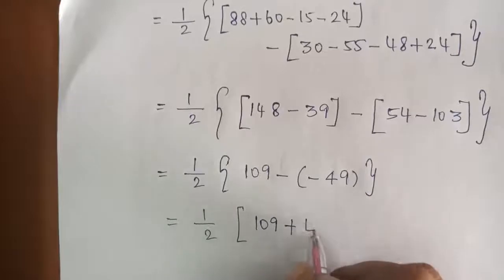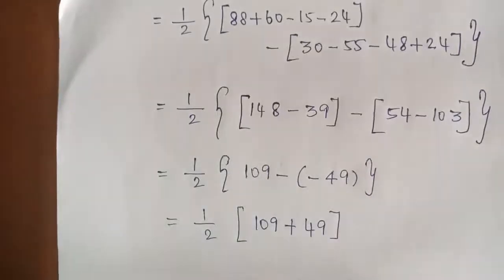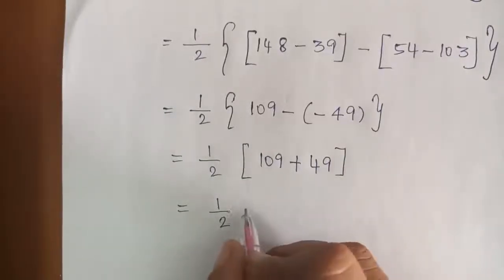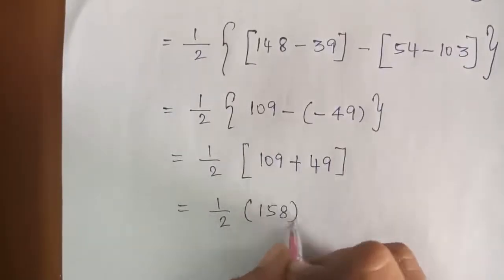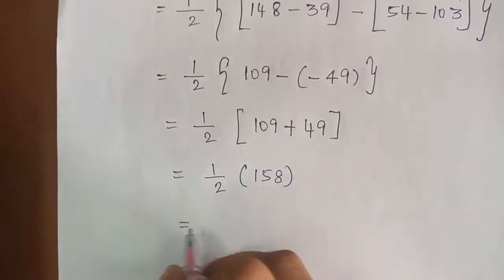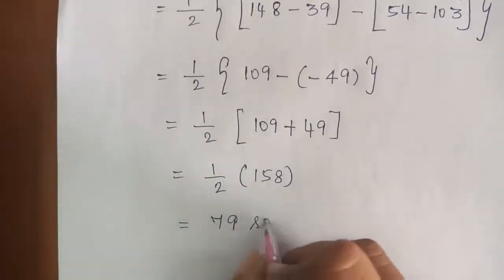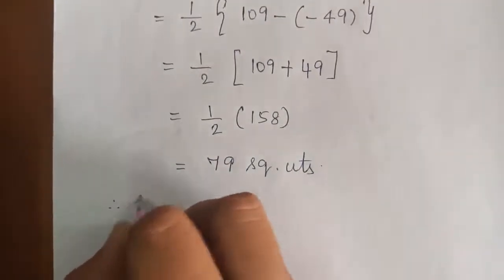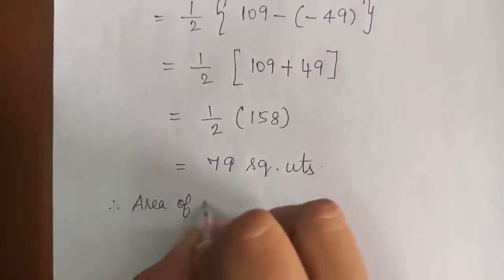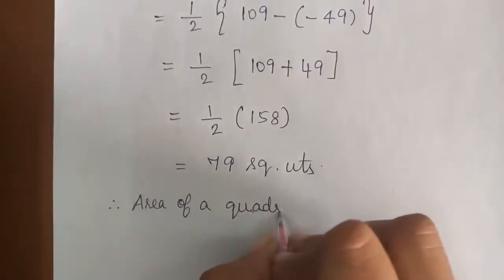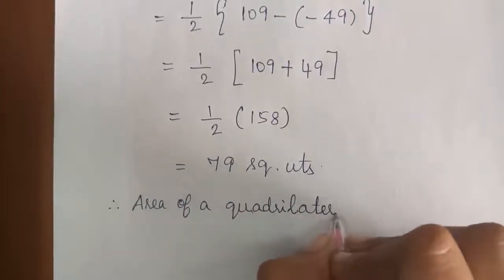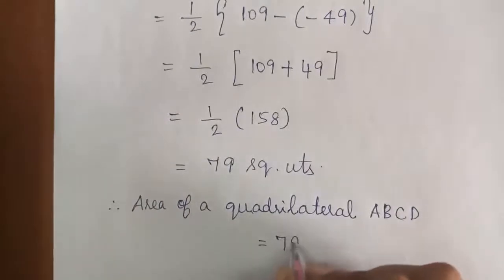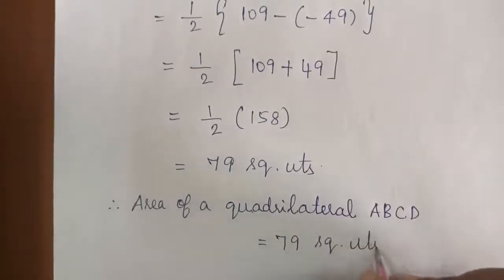Minus into minus is plus, so 1 by 2 into 109 plus 49 is 158. So 158 divided by 2 is nothing but 79 square units. Therefore the area of the quadrilateral ABCD is equal to 79 square units.